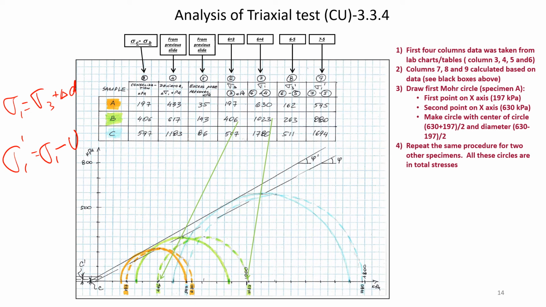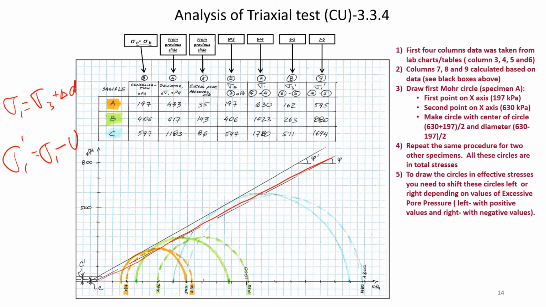You repeat the same procedure for specimen B and specimen C. And then you build your envelope to assess your friction angle and cohesion. To draw circles in effective stresses, you just subtract your excess pore pressure.